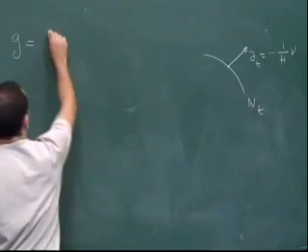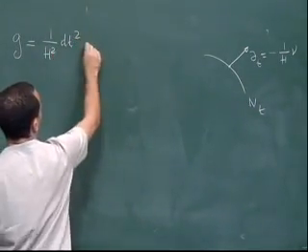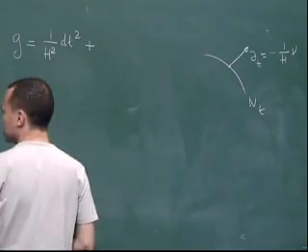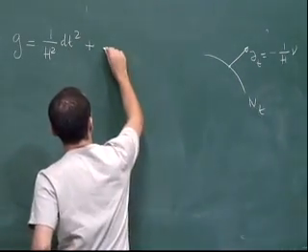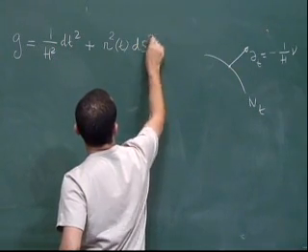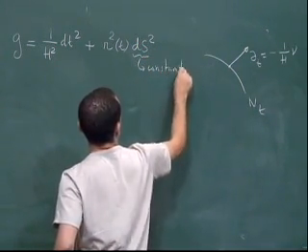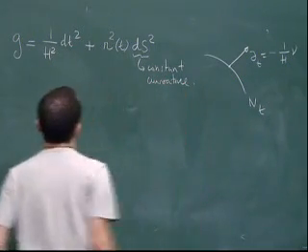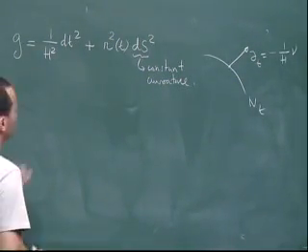So 1 over h squared times dt squared, plus the metric on the surface. But the metric on the surface is isometric to round spheres, so I'm going to write this as r squared of t times ds squared, where this has constant curvature. Right, so that's the expression of the metric, and then it's now just a matter of computing all these things.